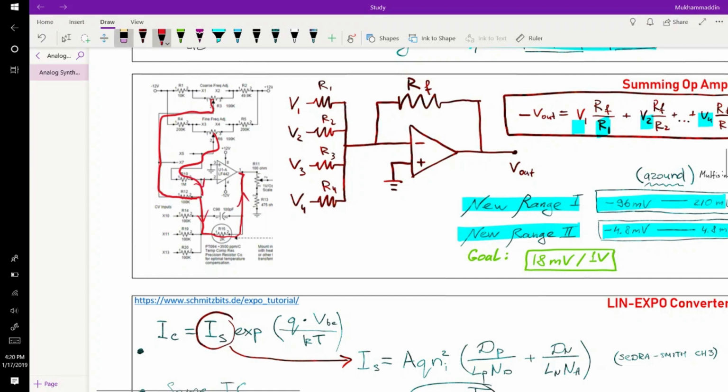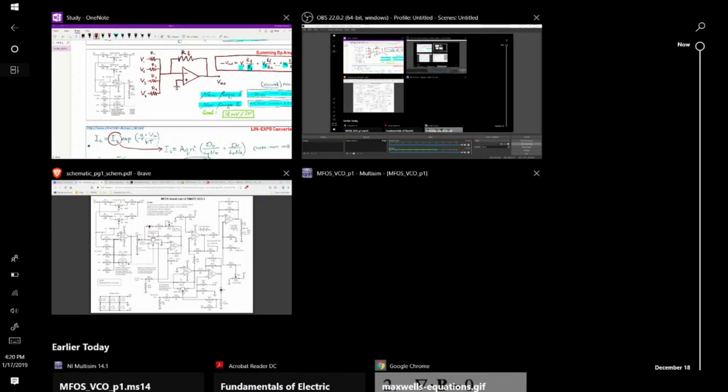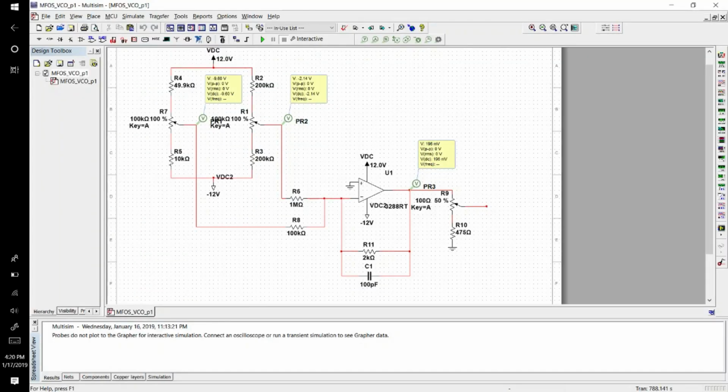So there will be some loss in there. And what is going to be the exact range? Well, let's use Multisim to simulate that part of the circuit.